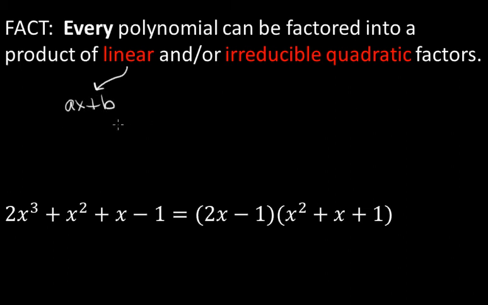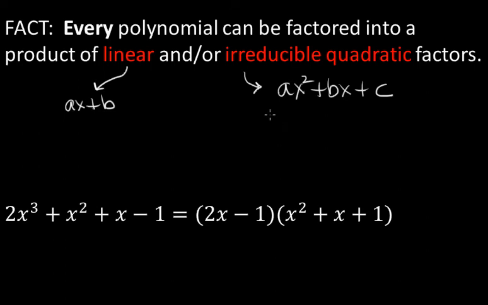In other words, it's a degree 1 factor. And an irreducible quadratic is of the form ax squared plus bx plus c. That's what we mean by quadratic. And by irreducible, we mean that it cannot be factored.